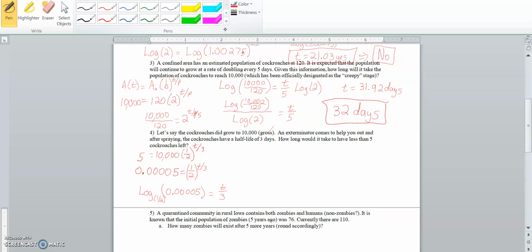And now how are we going to solve that? Well, we know that the change of base formula says that if we take the common log of the number up here divided by the common log of 1/2 down here, that equals T over 3.